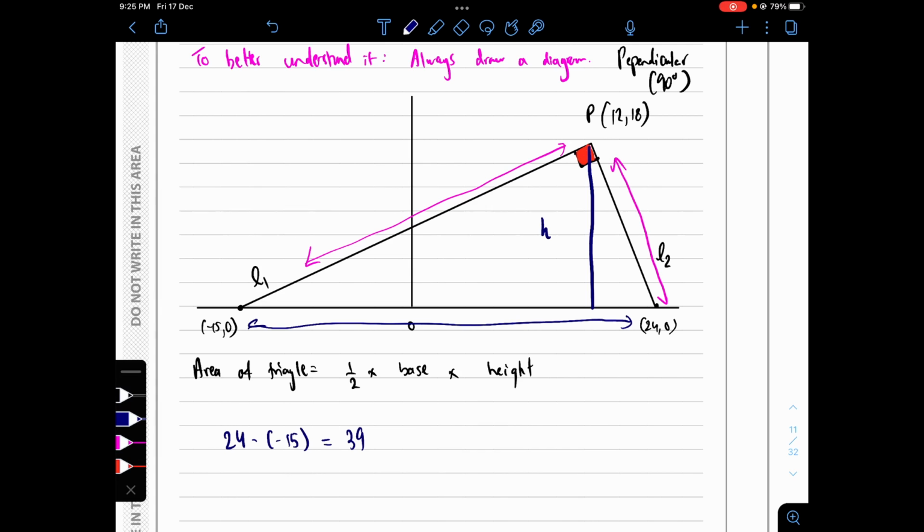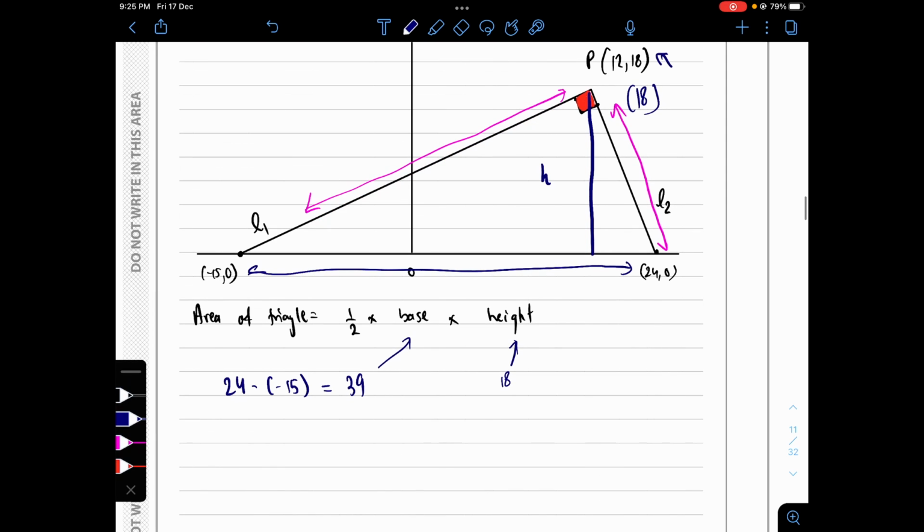And the height we already know because it starts at 0, right? It goes all the way to 18. Because from P, we can see over here. So we have the base, which is 39. Then we have the height, which is 18. And we can just work out the area. So the area is half times 39 times 18 to give us 351 units squared.